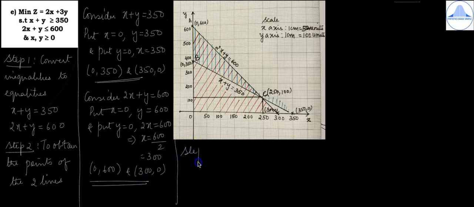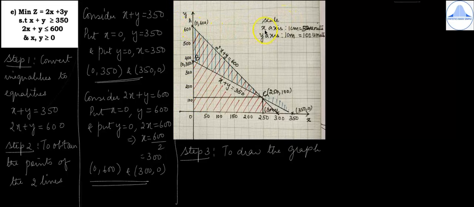Then we move to step 3, that is to draw the graph. So I've drawn the graph above. On the x-axis, I have taken the values as 0, 50, 100, 150, 200, 250, 300, 350, and on the y-axis, I have taken 100, 200, 300, 400, 500, and 600.